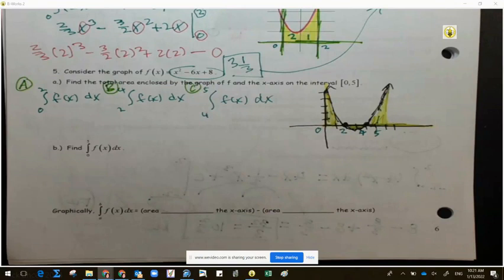And check with the group around you. All of your answers should be something over 3. Something over 3.